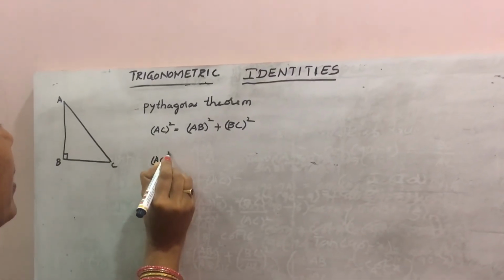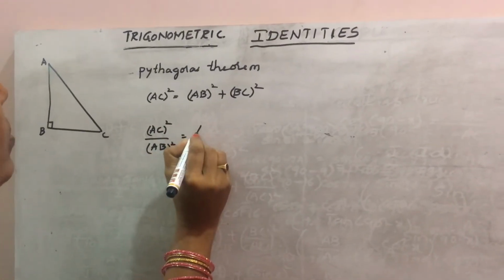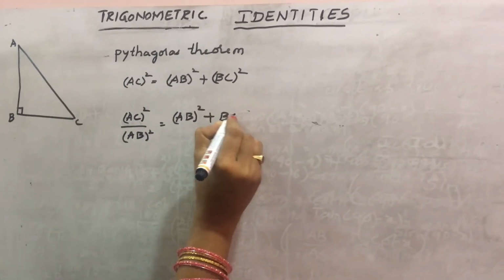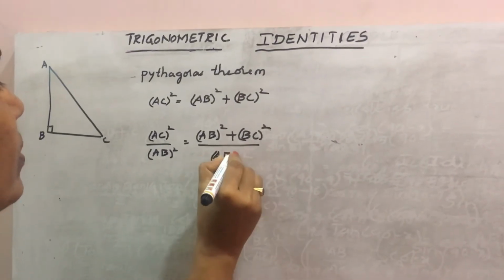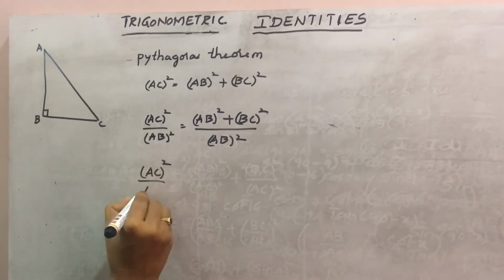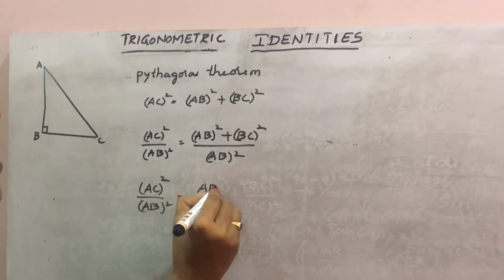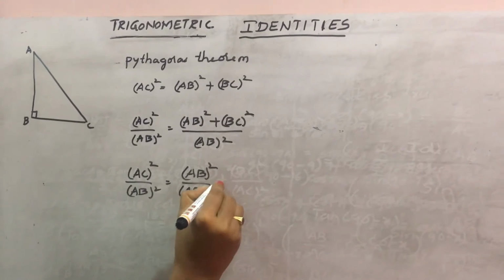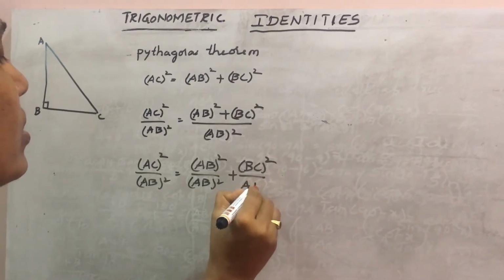AC square by AB square is equal to AB square plus BC square by AB square, which is equal to, we can write AC square by AB square is equal to, we can split like this, AB square by AB square plus BC square by AB square.